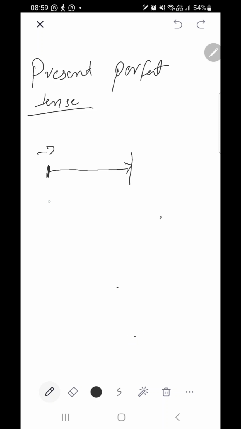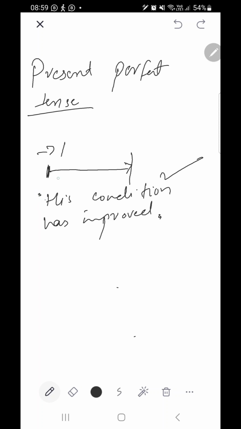Or if something started in the past and is continuing to today's date. Let's say his condition has improved. If we write this sentence, his condition has improved, it means that he might be taking some medicine. So let's complete the sentence.